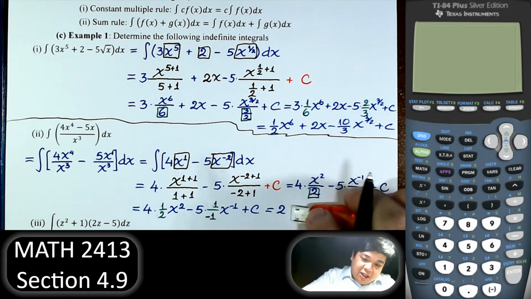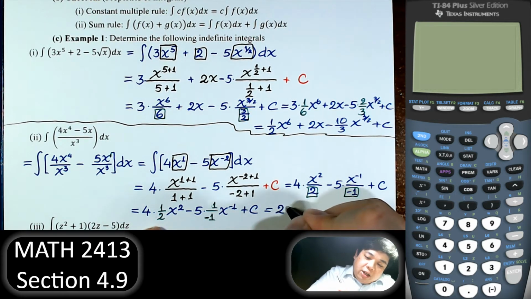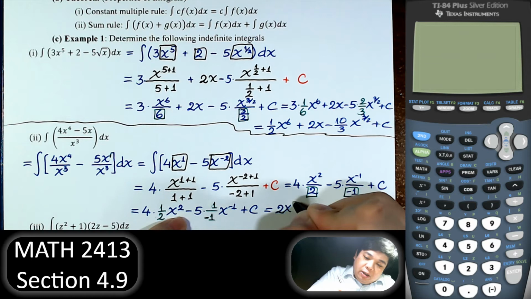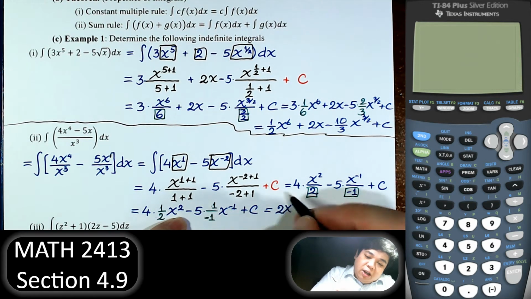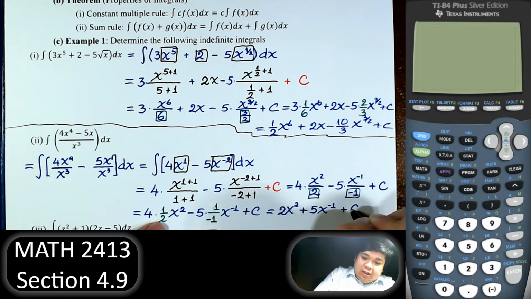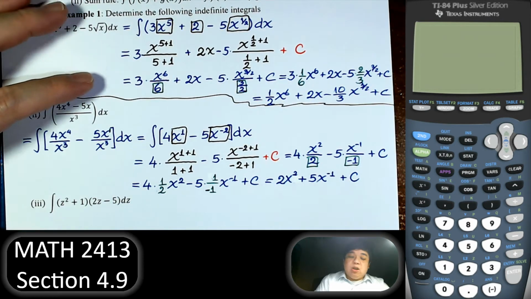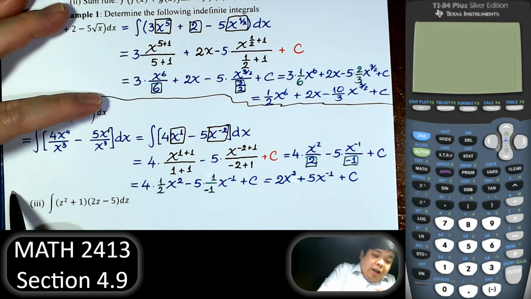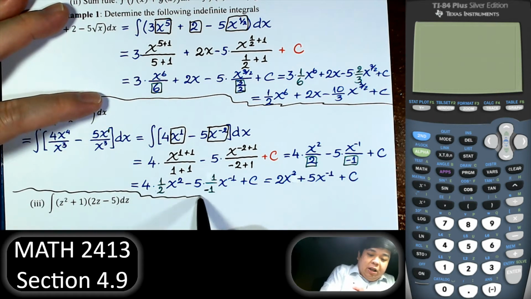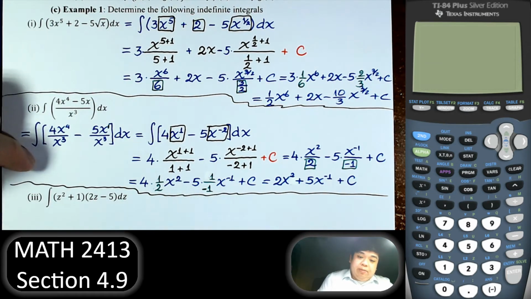So 2x squared minus a negative, that's a plus 5 x to the negative 1 plus c. So write everything as an individual power, and then we can integrate using the power rule on each one of them.